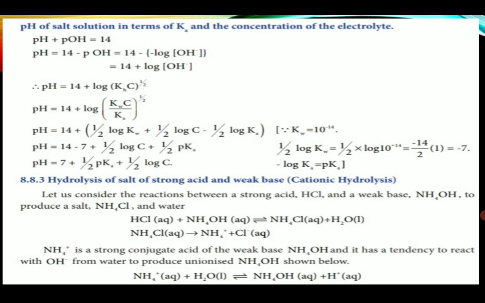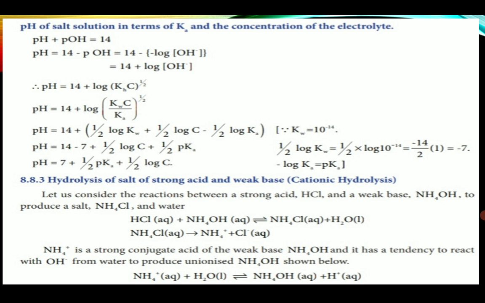This NH4 plus is a strong conjugate acid of the weak base NH4OH. Ammonium hydroxide is a weak base, so it has the tendency to react with OH minus. Therefore the OH minus will react with ammonium. So what remains? H plus ion concentration will be there.